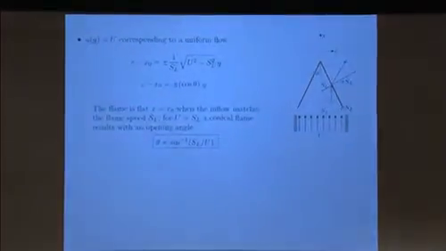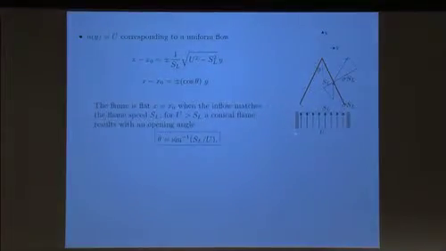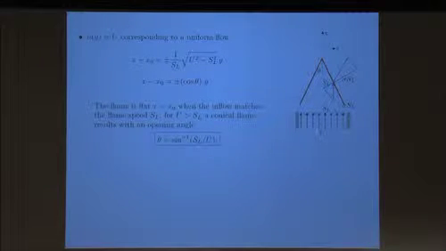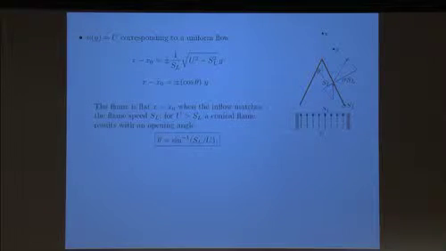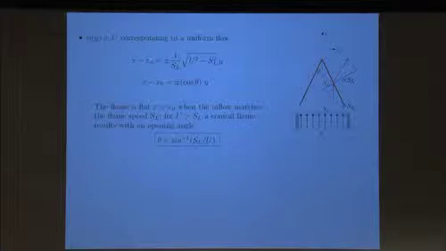So here is, for example, a simple situation of a Bunsen flame where the incoming flow is uniform. So the incoming flow is capital U. According to the previous relation, the flame position is going to be given by, here is the constant of integration, so it's x minus x naught.